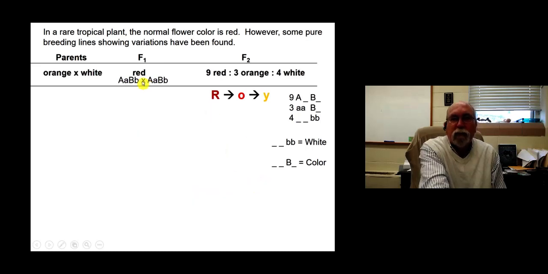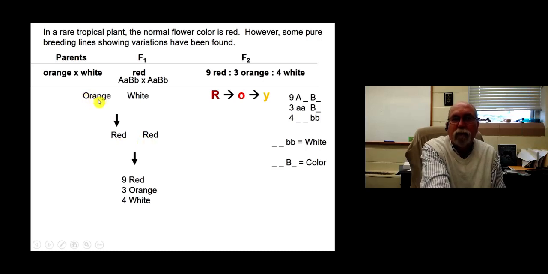How about this second one? Well, orange times white gives me red. Same story, same data, same piece of information. Orange times white, okay, gives me red. Cross two reds, we get a 9, 3, 4. This time the orange is there instead of yellow. So that must mean there's some orange alleles hidden up in these reds. Okay, well, there surely is. They came from this orange up here. So it's the same argument, okay?